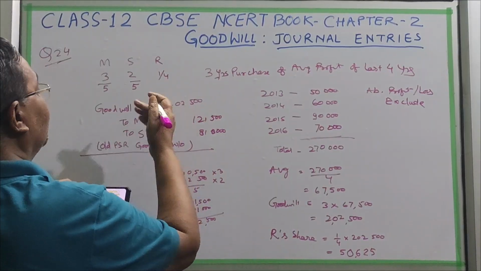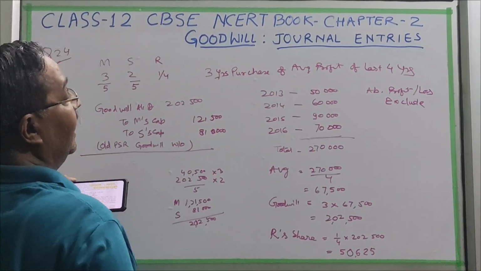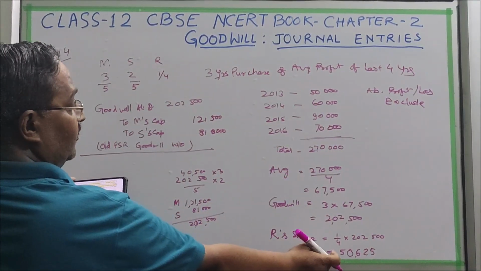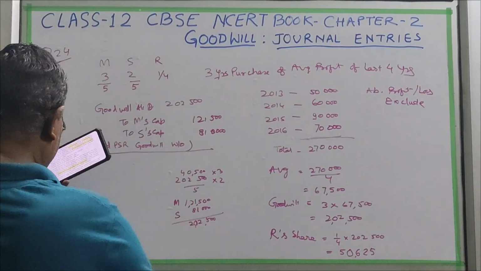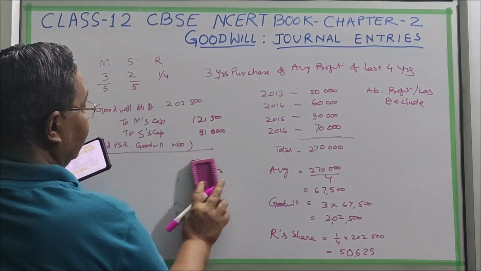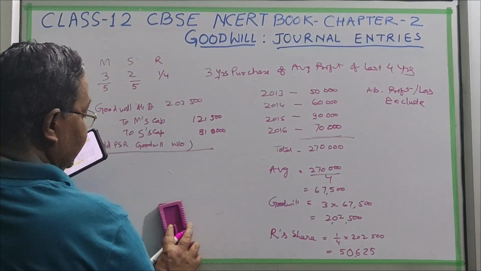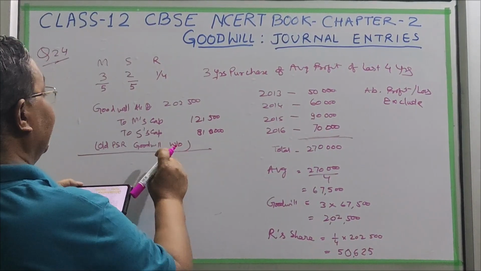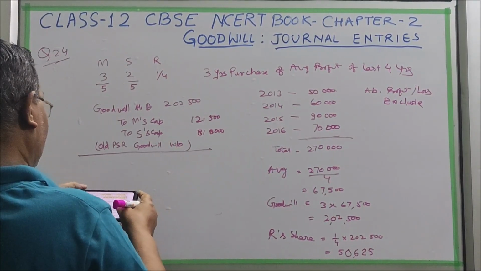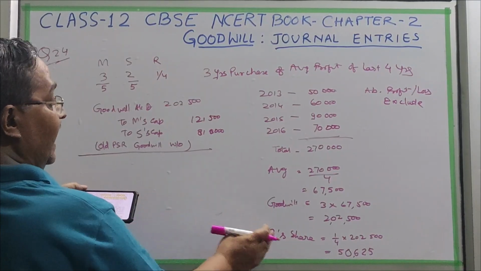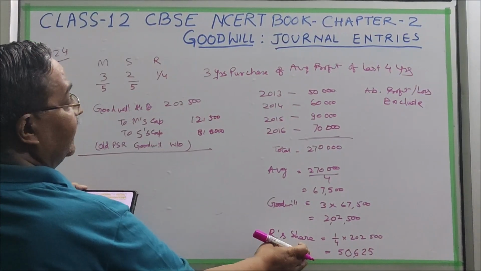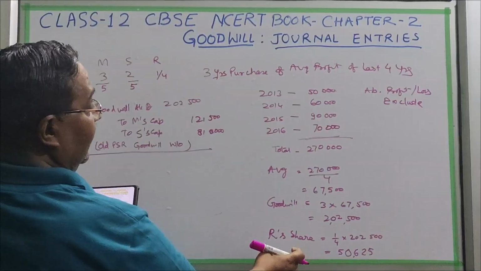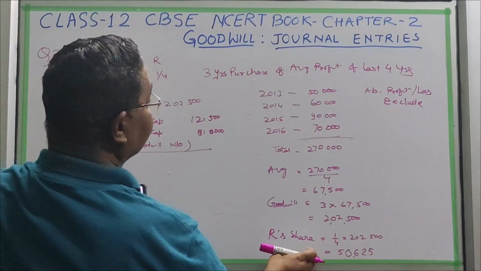Okay, first this old goodwill will be written off. Now this new goodwill 50,625 will be divided in their sacrifice ratio. Goodwill already appears means it will be written off, and this will be divided in the PSR.